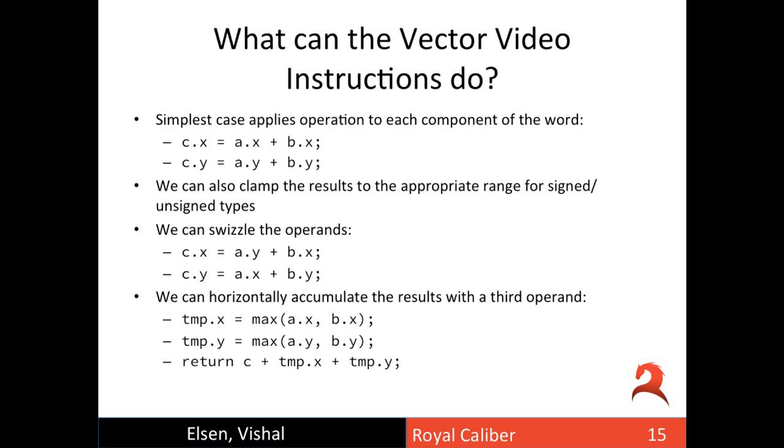Some other things that you can do with them. In the simplest case, when we're doing addition, it operates exactly like you would expect. The two halves of the word get added independently. And the important thing is, if we add 100 to 100 and we normally end up with a value larger than we can represent, it doesn't overflow into the next byte.